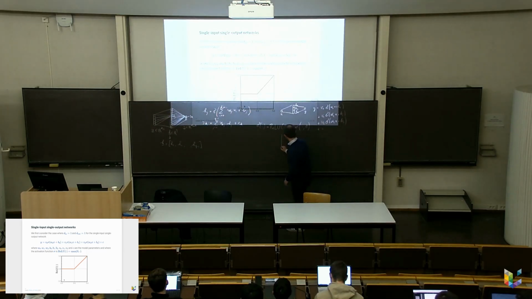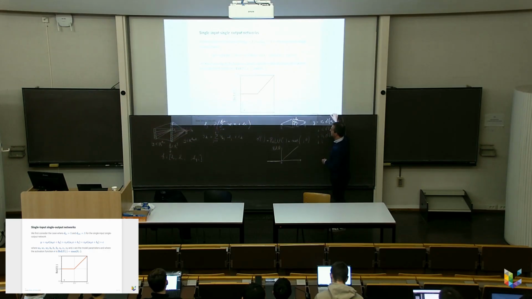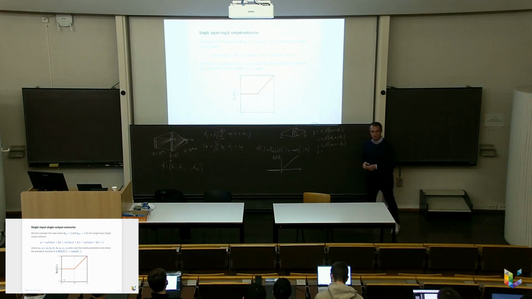Effectively, you have something like this. This is the input, this is the value. You have 0. And so for any value which is negative, you return 0, and for any value which is positive, you return the value itself. Questions on this so far? Okay.